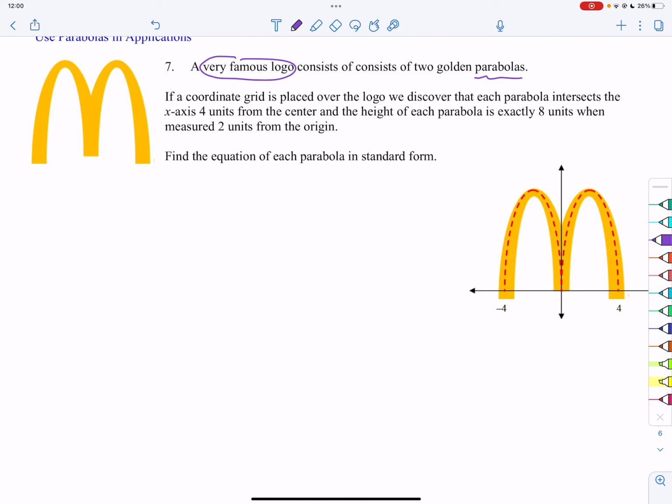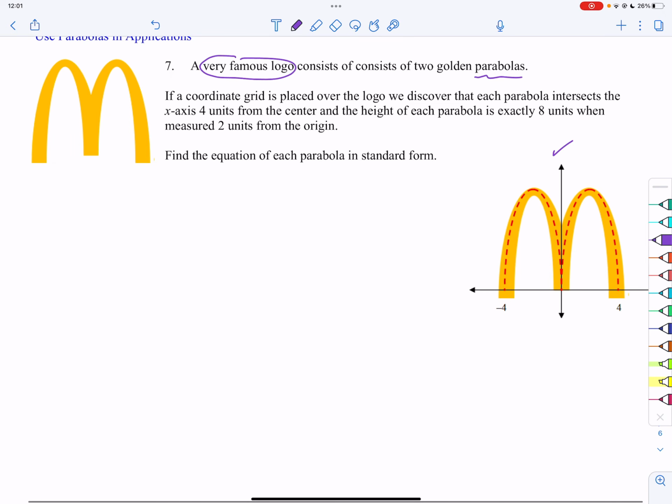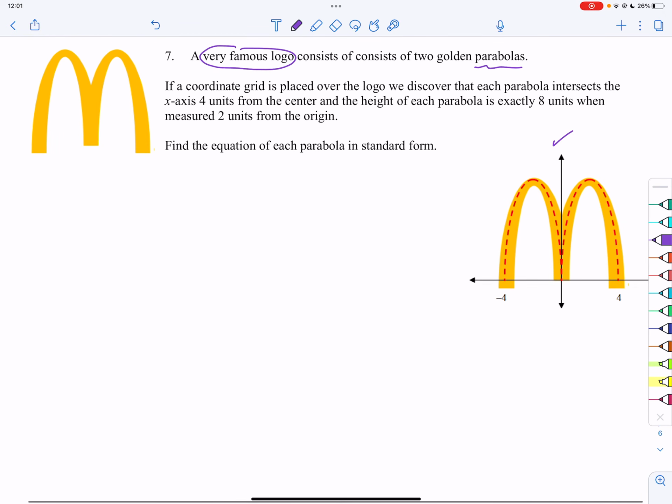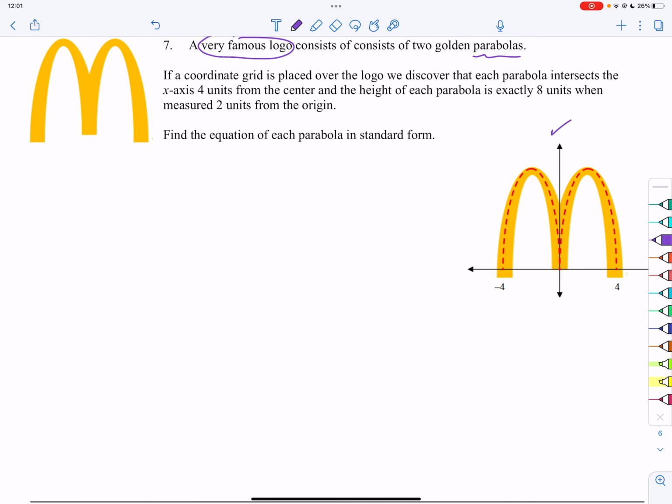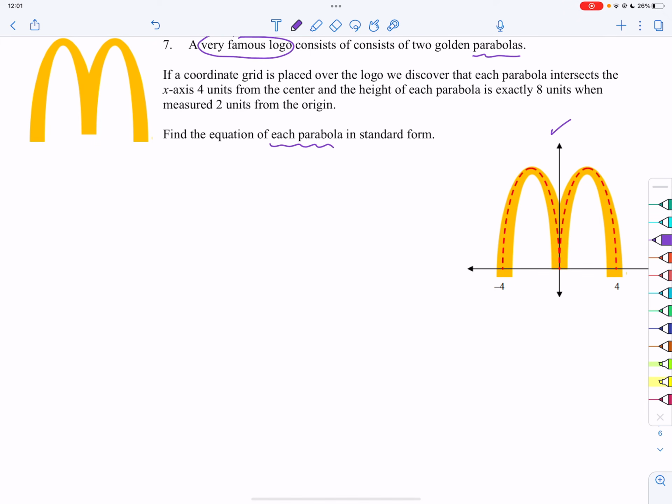If a coordinate grid is placed over the logo, you can see it right here, we discover that each parabola intersects the x-axis 4 units from the center, and the height of each parabola is exactly 8 units when measured 2 units from the origin. Find the equation of each parabola in standard form.